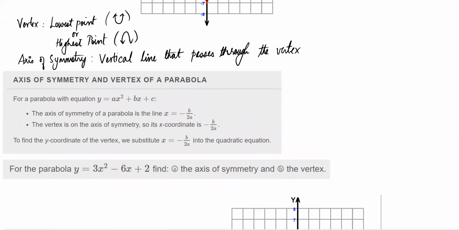Okay. So here the definition, or rather the formula, for axis of symmetry and vertex of a parabola is given to us. It's really, really neat. Now, we know that once we get the vertex and using a, we can determine if it's opening up or down, right? If a is positive, it opens up, negative, it opens down.